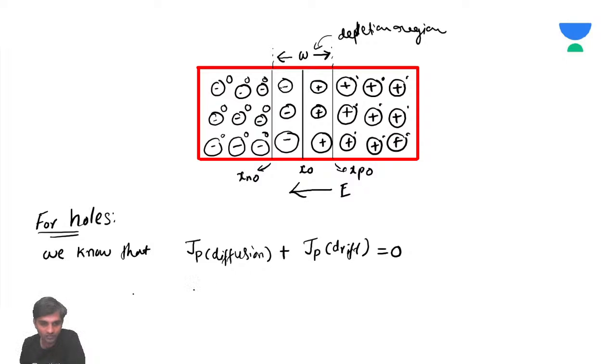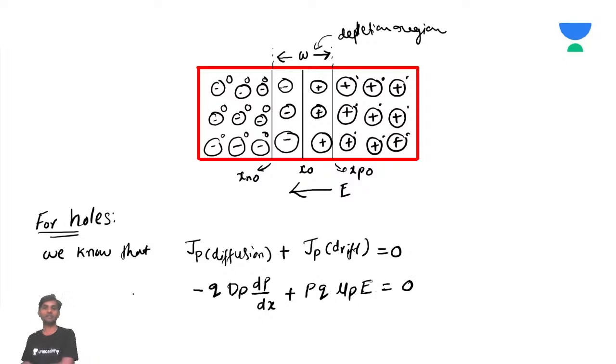How will you write diffusion? It's going to be minus q D_p dp/dx, plus the drift value. How will you write it, sir? It will be p q mu_p into the electric field, the internal electric field which is existing.